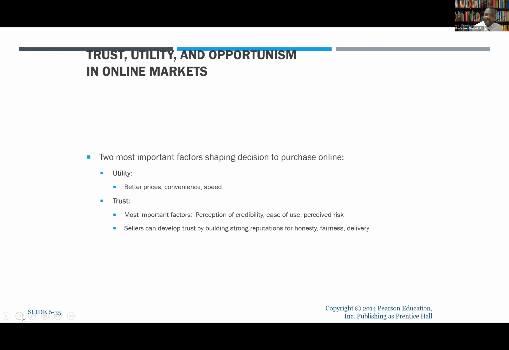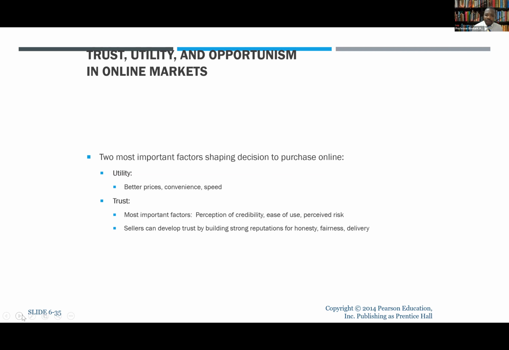Trust, utility, and opportunism in the online markets. The two most important factors shaping the decision to purchase online are, first, utility: better price, convenience, and speed. Then trust.